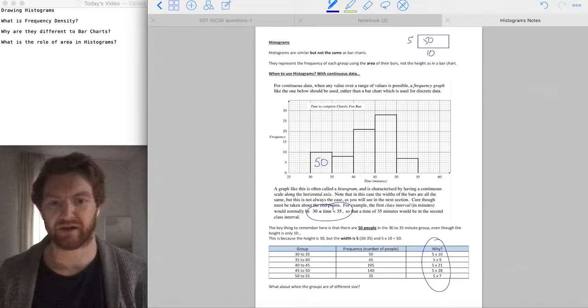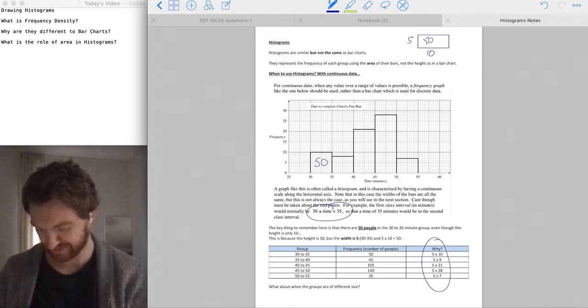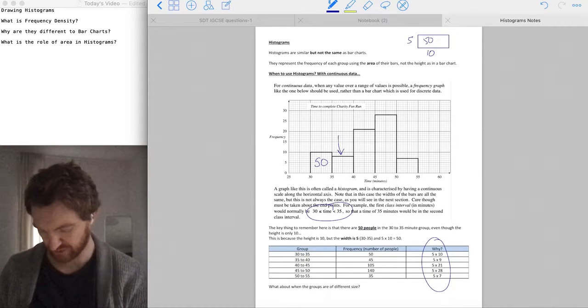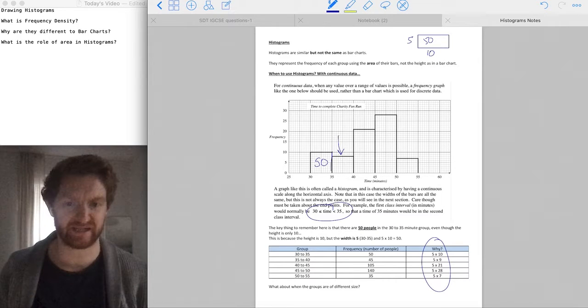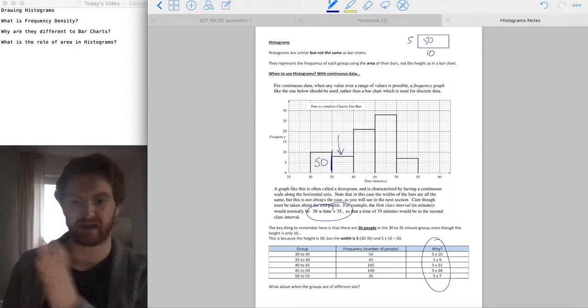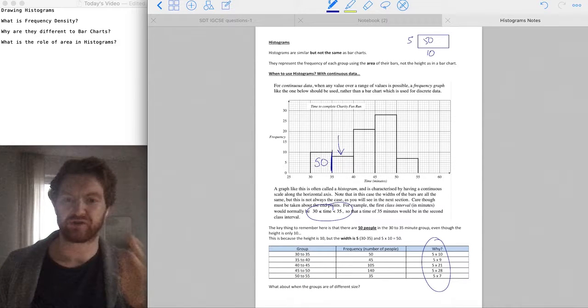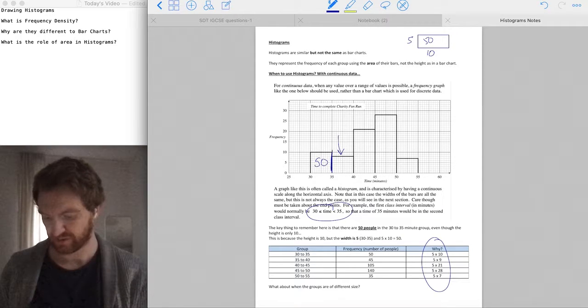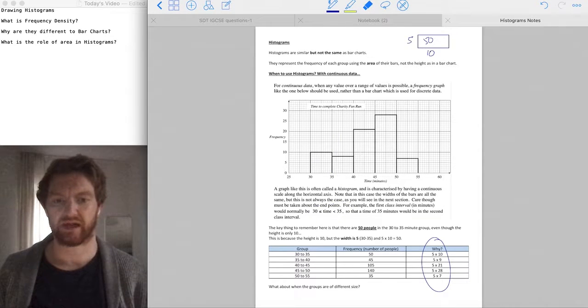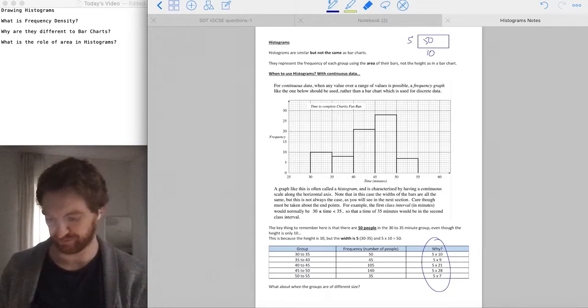So technically if you had a 35, it would go in this group here. But we just put the line between them because for histograms we just use the line between the bars as like an up to here and carrying on, just to show that the groups are separated. But don't worry too much about the less than and equal to or less than symbols. That's not so important with histograms.